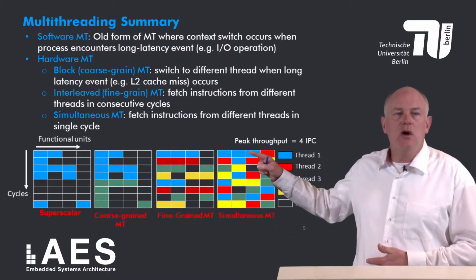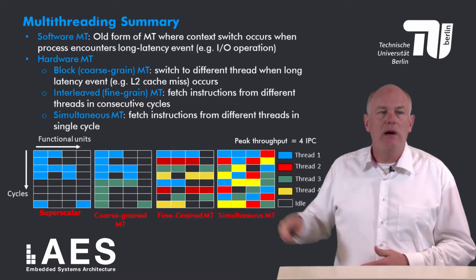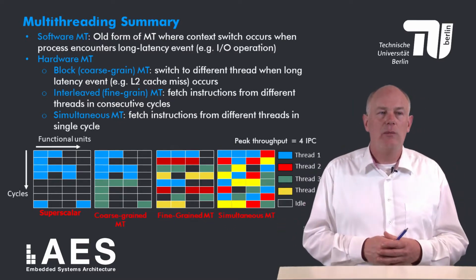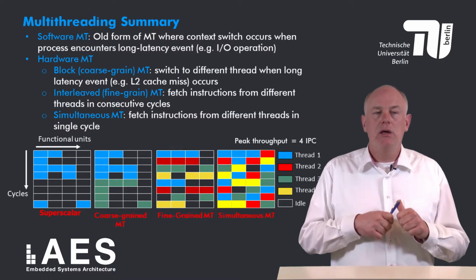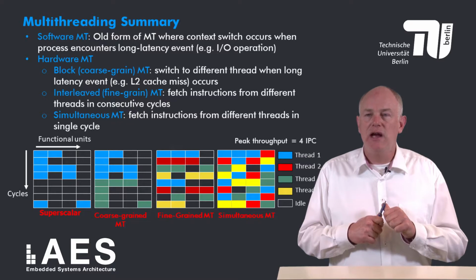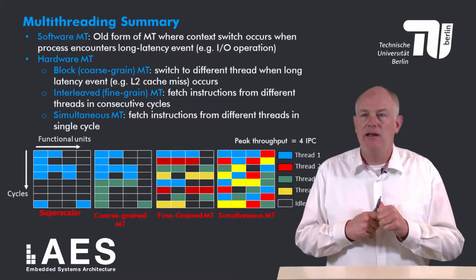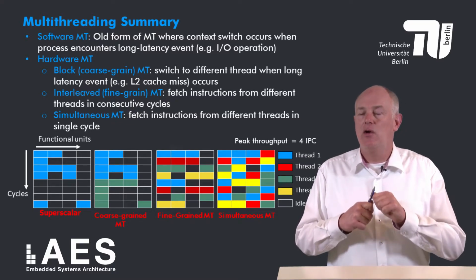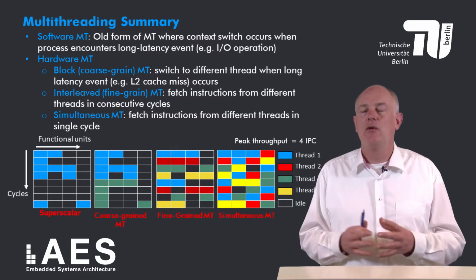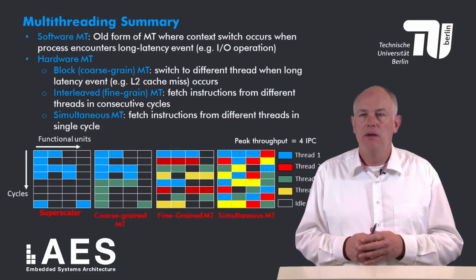The main focus of this module was hardware multithreading, and I talked about three forms of hardware multithreading. Block multithreading, also called coarse grain multithreading, where we switch the thread when the thread incurs a long latency event, for example, a level 1 or level 2 cache miss.